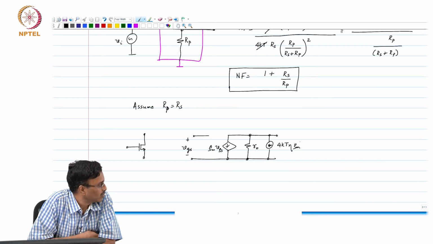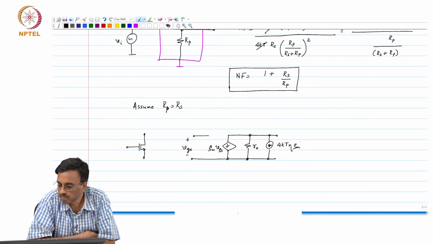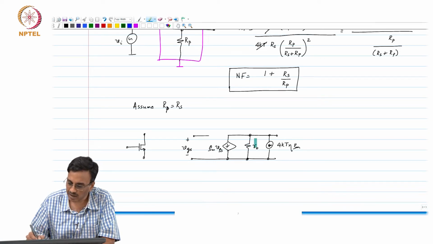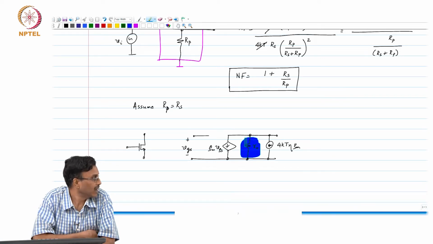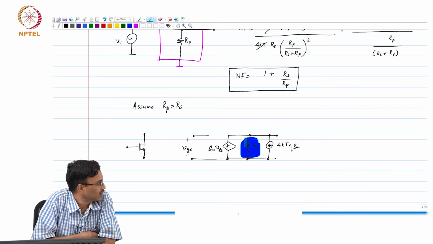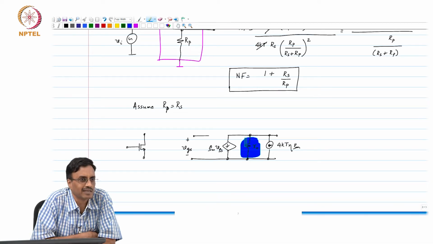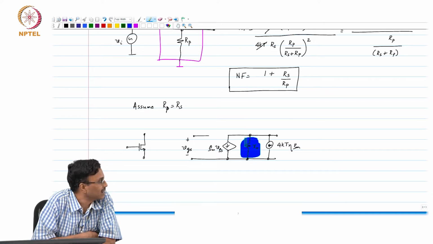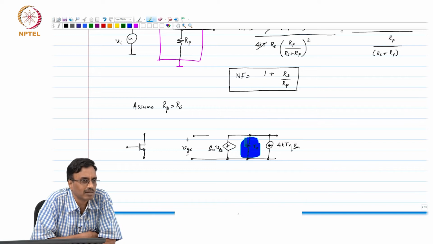Whatever it is, the designer has no control over what you get. Another thing I would like to point out is that even though you have ro, which models the finite or non-zero lambda of the device, it is not a physical resistance, and therefore that current source is not the noise associated with that ro, okay.